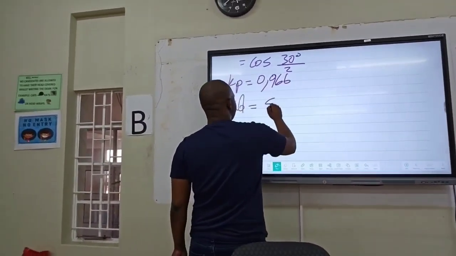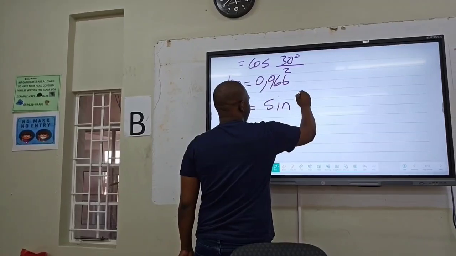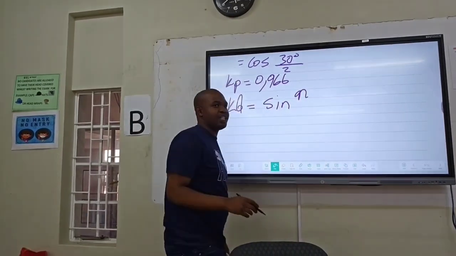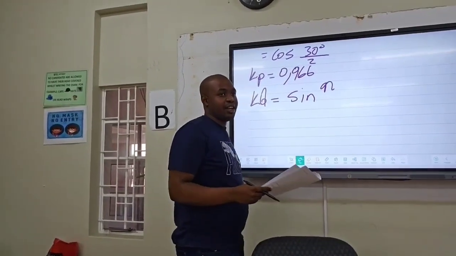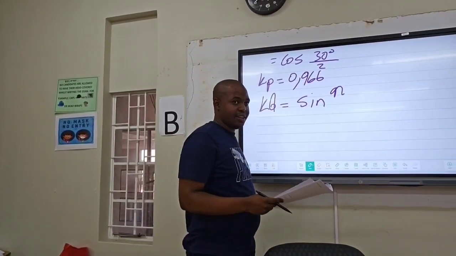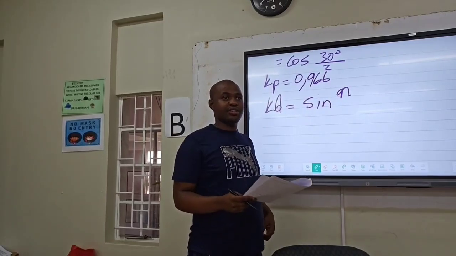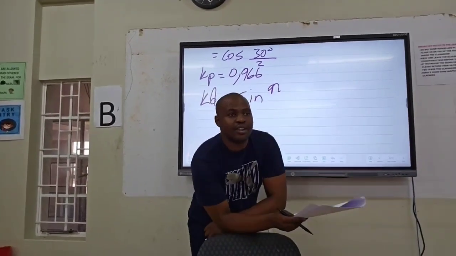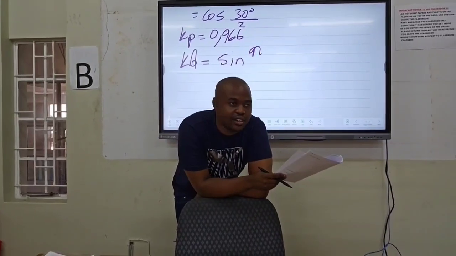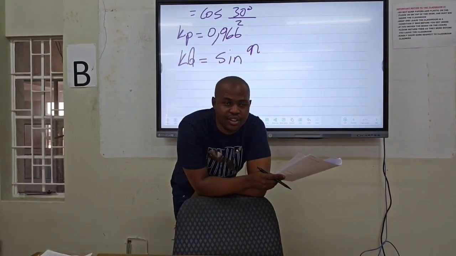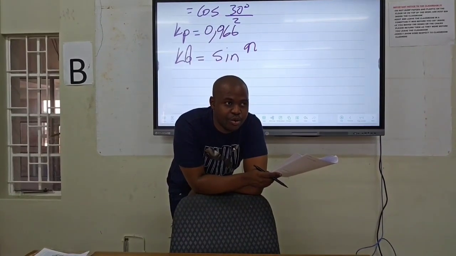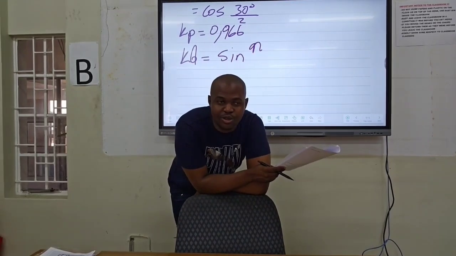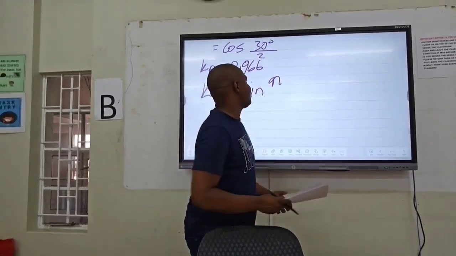The formula has the symbol mu. Mu is not for efficiency. Mu is the number of slots per pole per phase.